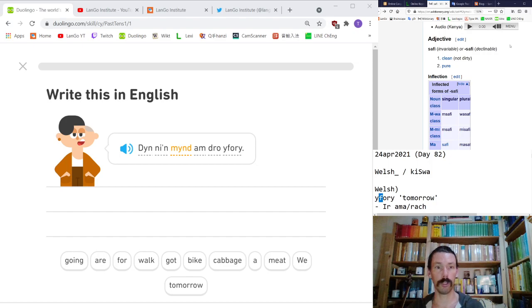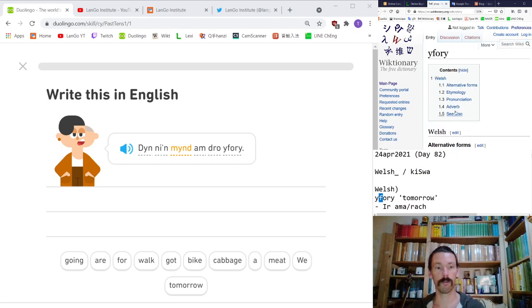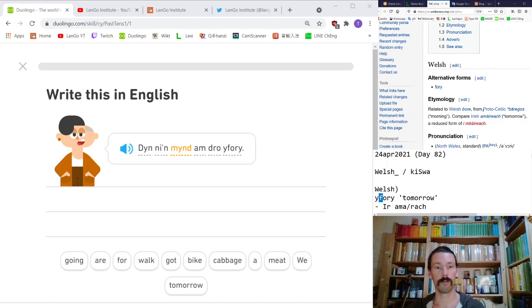So this really great free resource here is Wiktionary. Yeah, compare amárach. Amárach, tomorrow. Reduced form of márach.